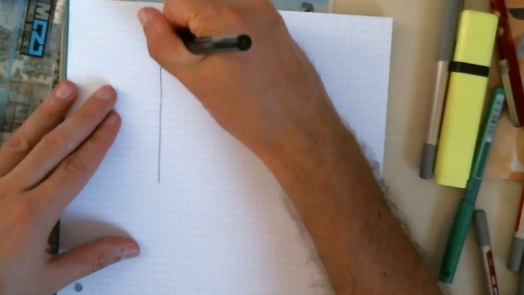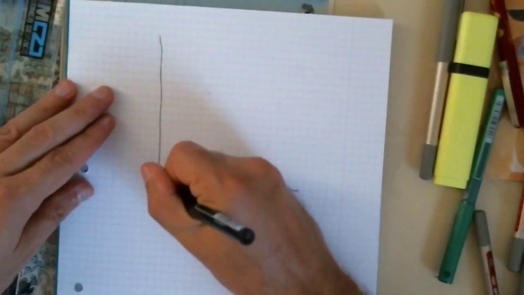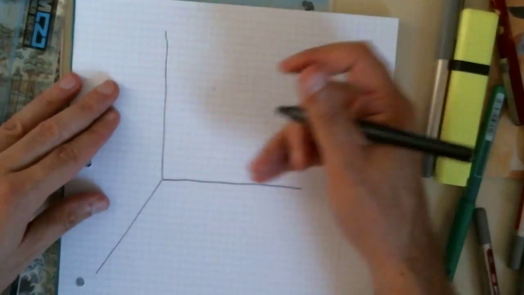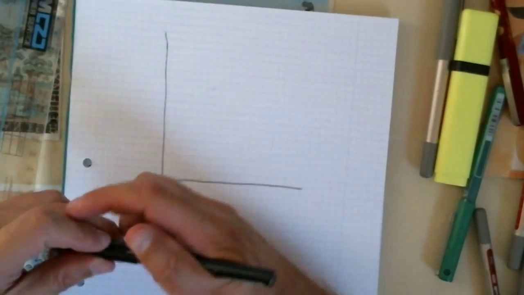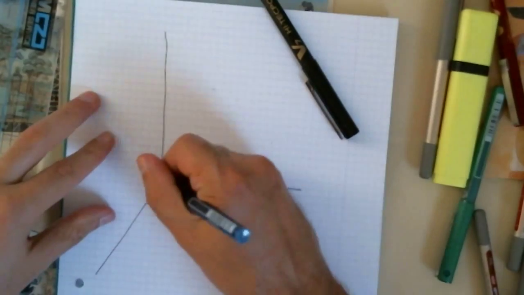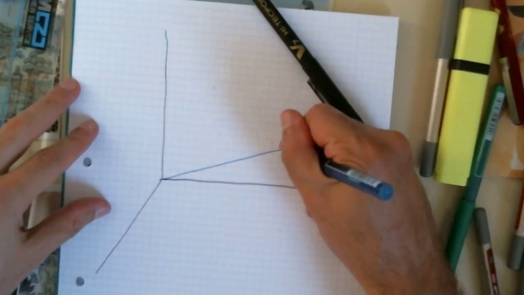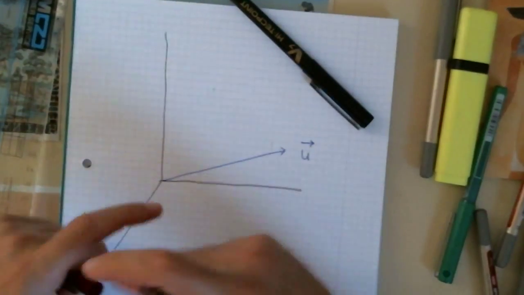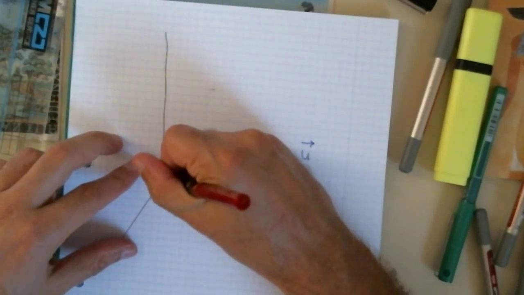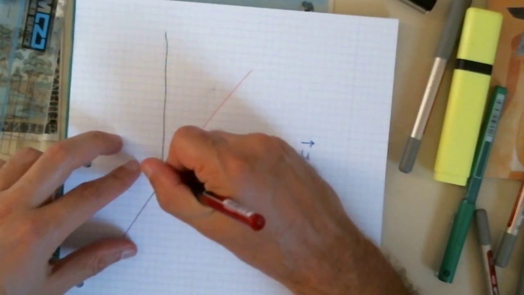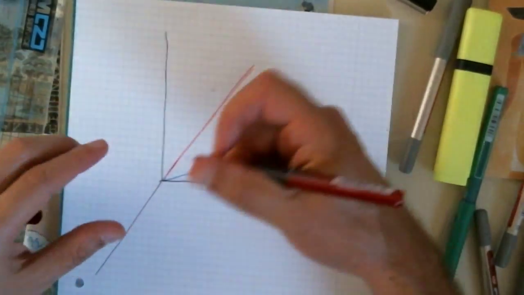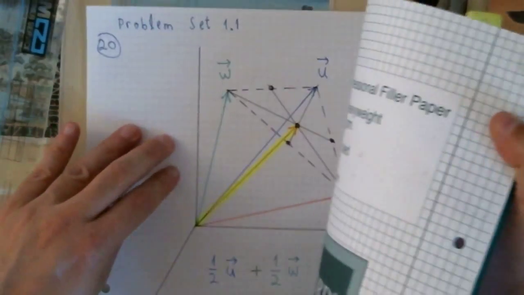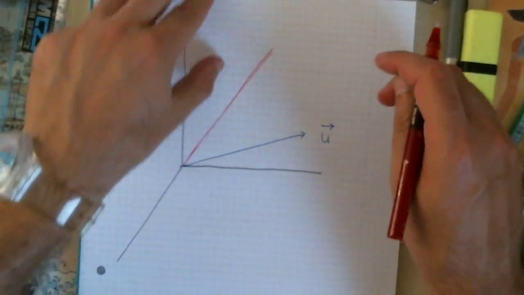If we have, these are the axes, this is x, y, and z, and we have the blue vector, which is u, we have the red vector, which was, I don't remember exactly, I think I got it wrong. Sorry.